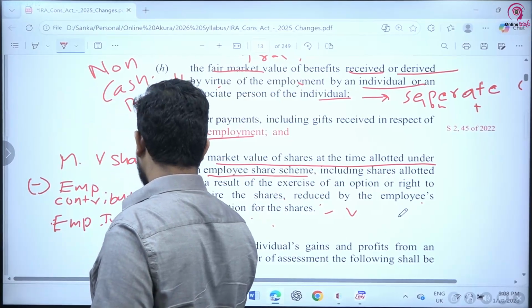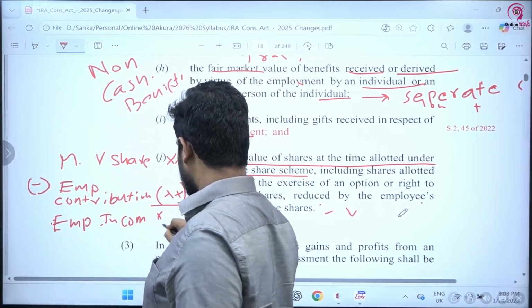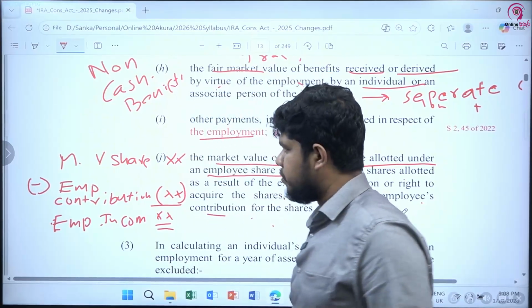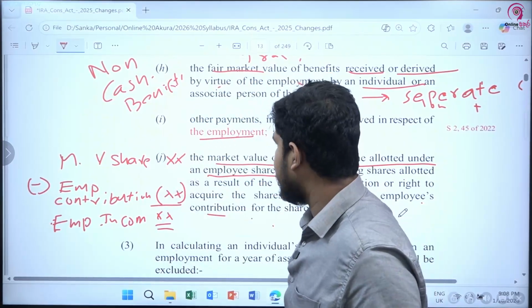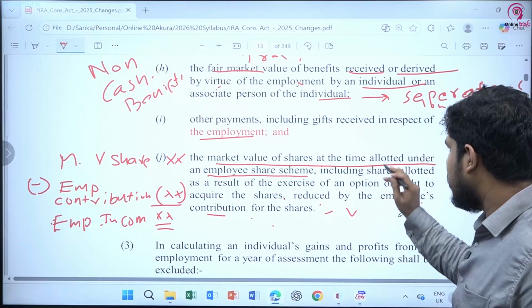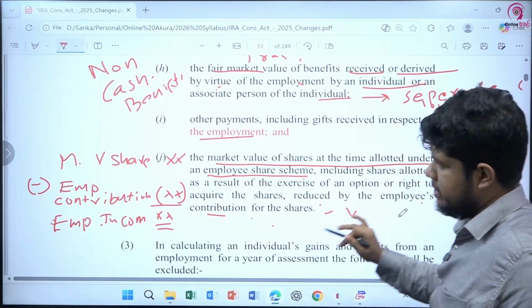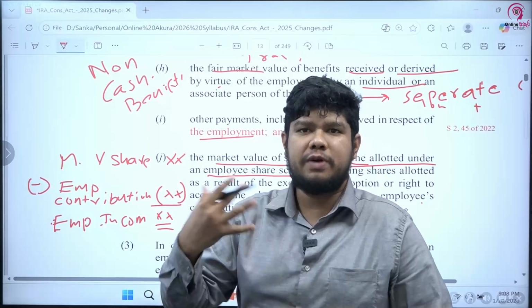Assessable income from employment, that needs to be determined at which date? At the time of allotment, right? Not the time of granting.